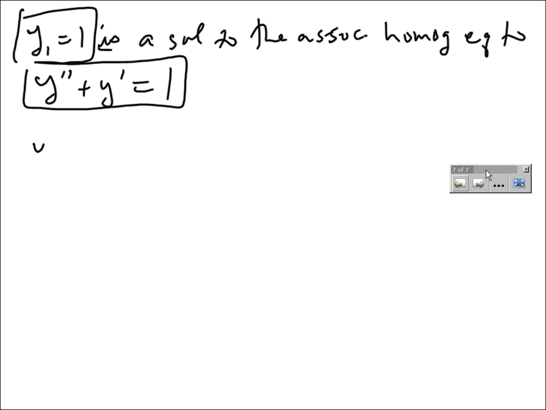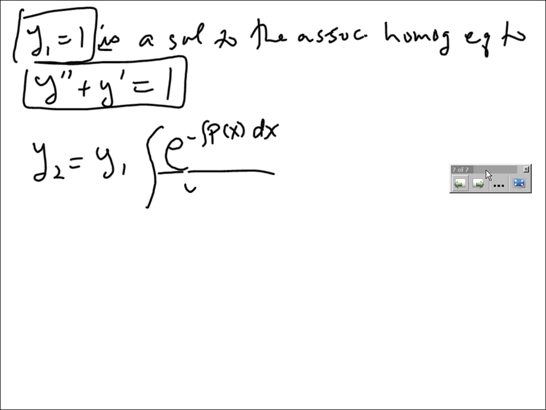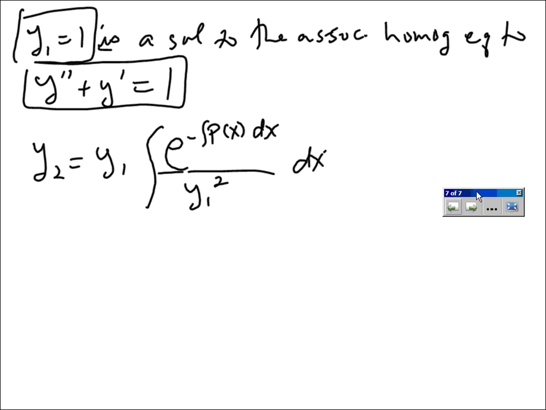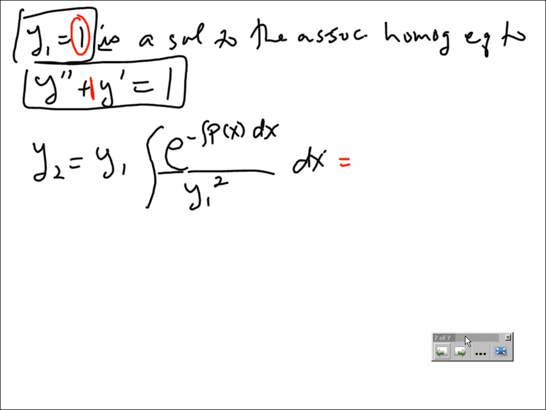Now, we know that y2 is equal to y1 times the integral of e to the negative integral p of x dx all over y1 squared dx. Now, remember there's a 1 here, and that's p of x. And y1 is also 1.